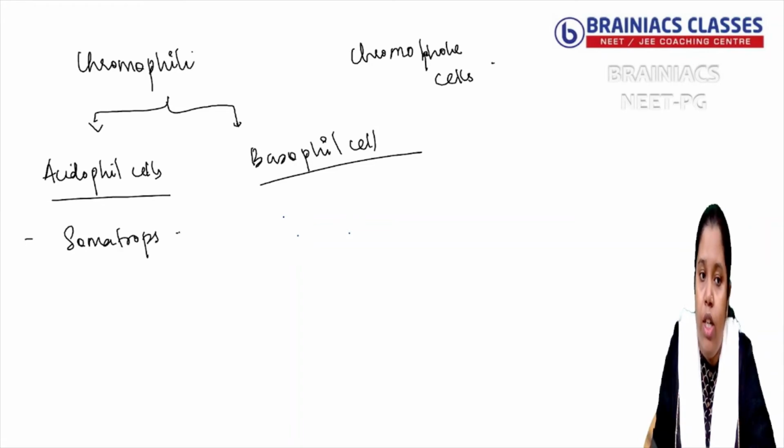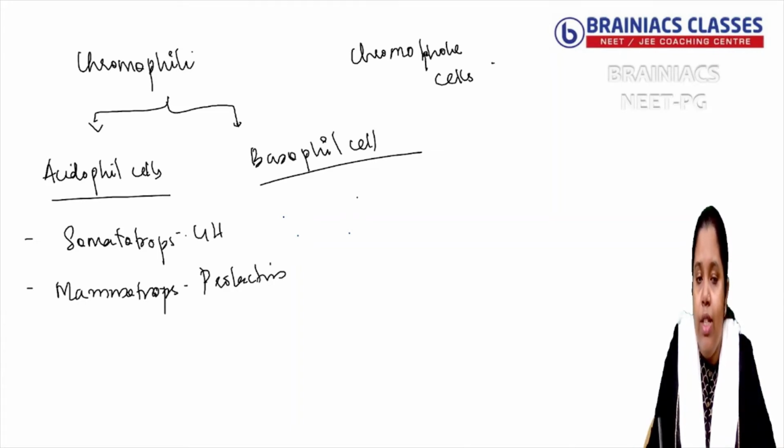It secretes what? Somatotrophs secrete the growth hormone, and mammotrophs, which secrete prolactin.